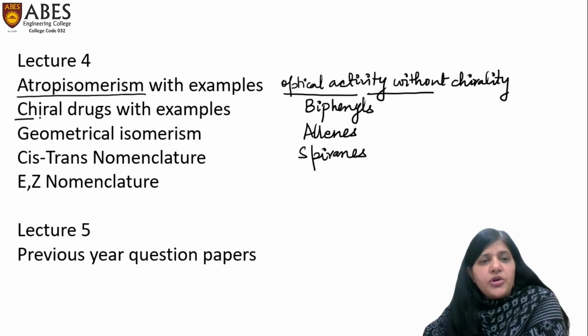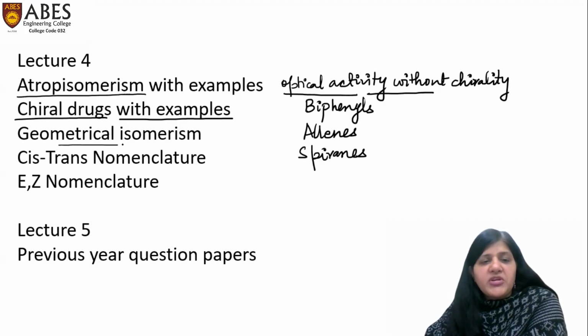Then there will be a discussion of chiral drugs with suitable examples of the thalidomide drug and the ibuprofen drug, which is an important drug, and how these chiral drugs are used and how their different enantiomers behave differently when they are in contact with the biological system.